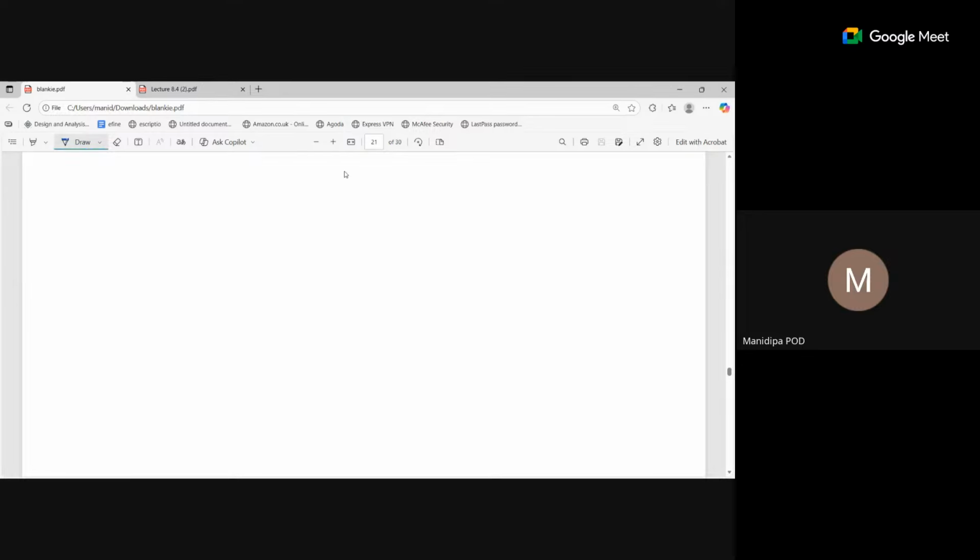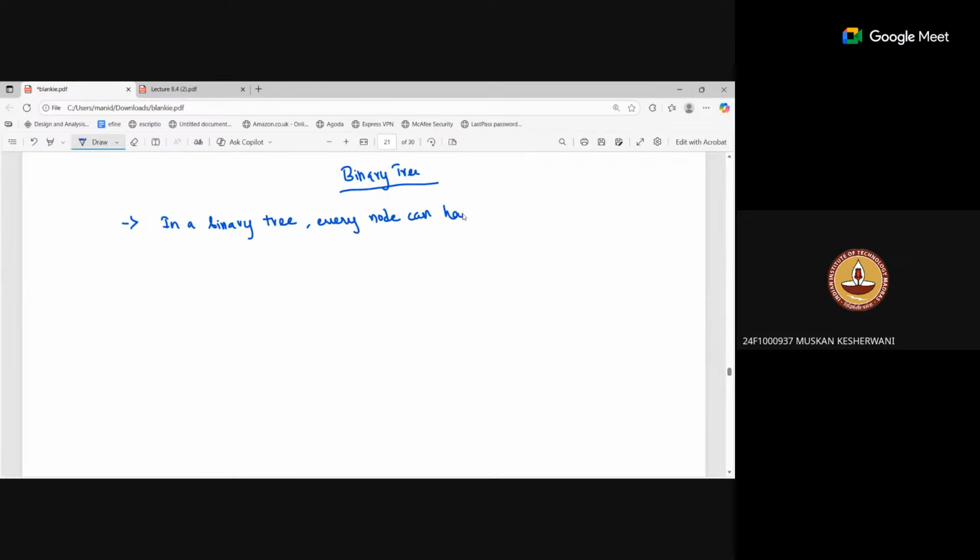Okay. So first thing is binary tree. From the definition, what can we say? First point: in a binary tree, every node can have at most 2 children.